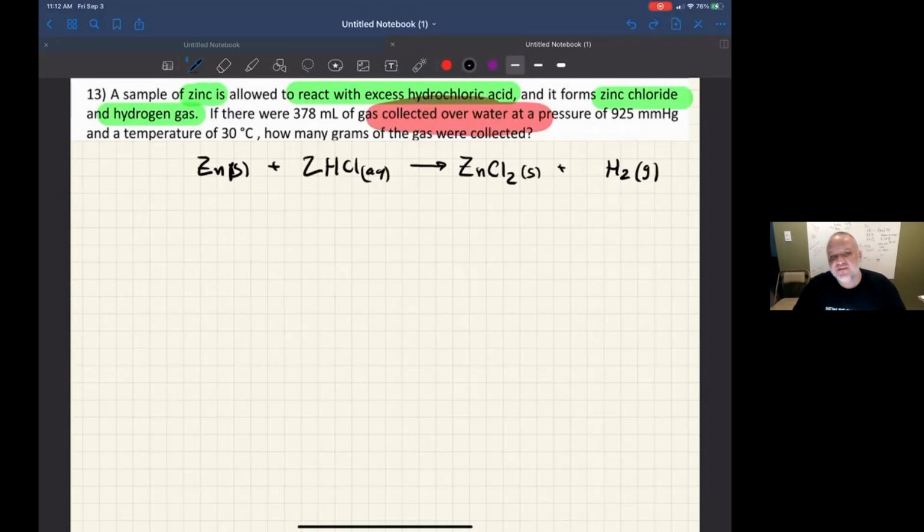Once you have a balanced equation, you have to notice that it says that it's collected over water. And that means something very specific. What we're saying is that the hydrogen gas is collected in a vessel and the reaction is performed in water. And so that means that there is actually a mixture of gases in what's collected.